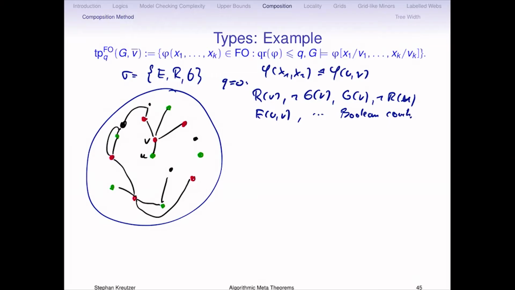Because if we go on to quantifier rank 1, it means we have one single quantifier we can use. Well, we can say things suddenly like, there is a vertex y, it is connected to V, and it is red. And there is another vertex y, it is connected to V, and it is green.